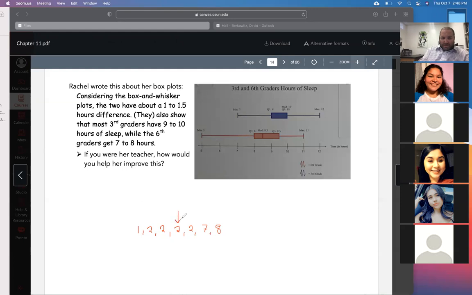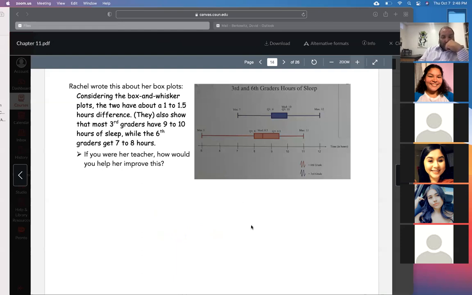Then this here is your median, right? It's the middle one. The middle of the left, the middle of the right, you see that Q1 and Q2 are both 2, right? Correct, yes? Yeah. It can happen.